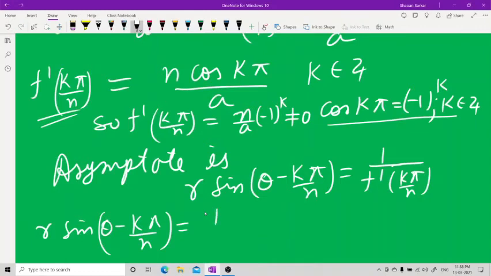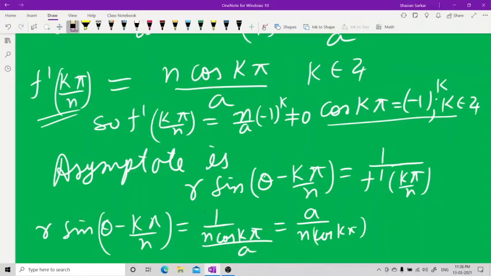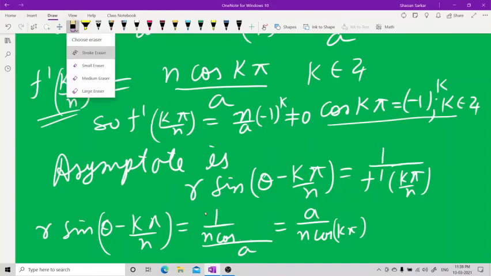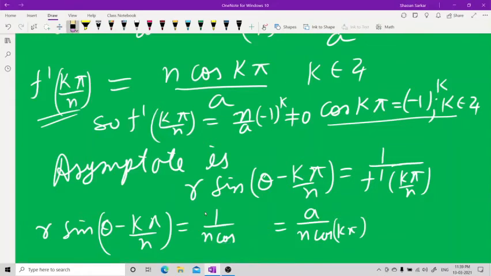So this will be 1 upon n cos k pi by a. This is nothing but a upon n cos k pi, and the bracket will be here, cos k pi by n, sorry, I missed out something here. Just a minute, let me rub this also.